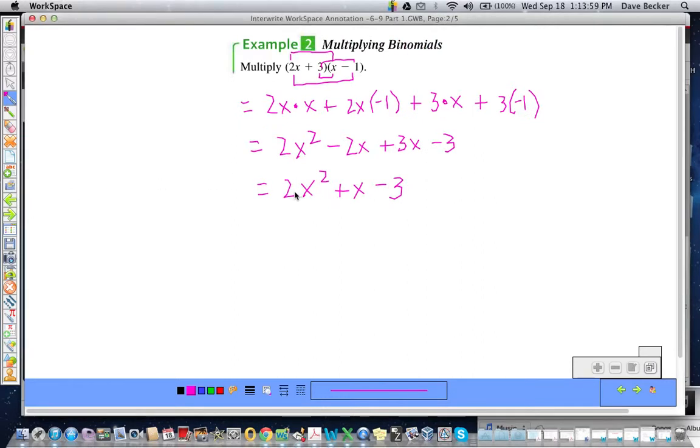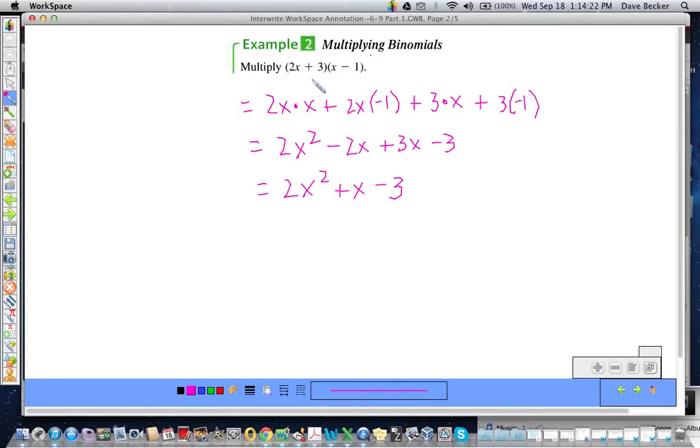Okay. If I have a trinomial and it's factorable, it's going to turn into the product of 2 binomials. Binomial meaning an expression that has 2 terms. 2x and 3, 2 different terms. x and minus 1, 2 different terms.